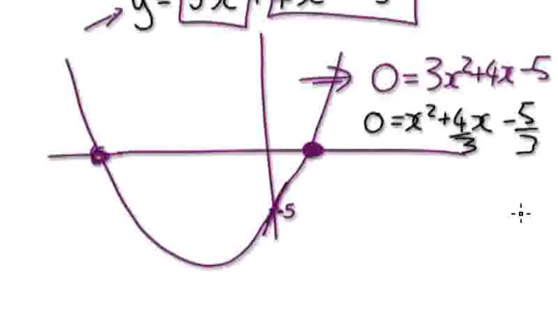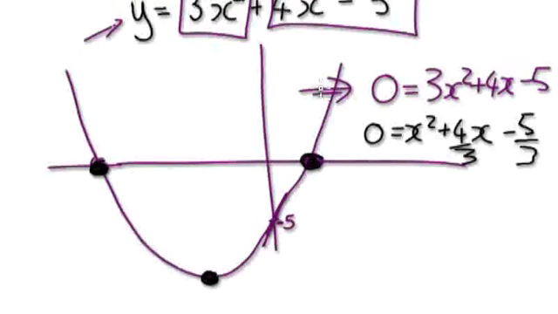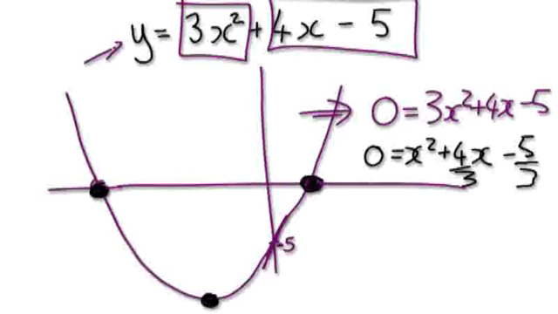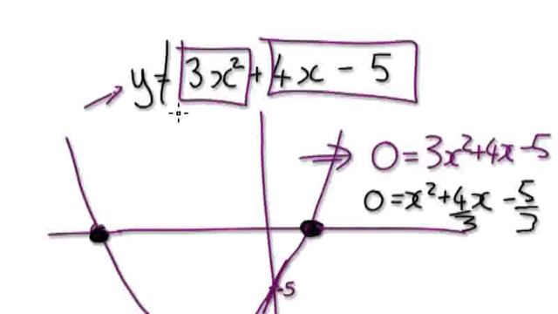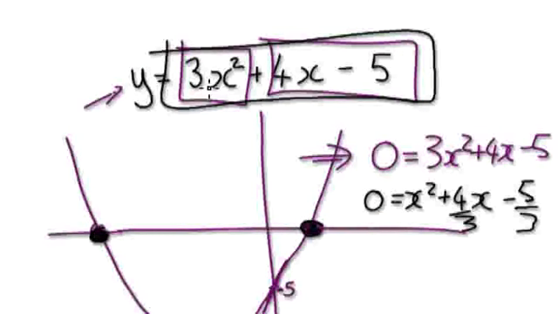But in this video, I'm not going to show you how you can find out these 2 points. I'm interested in showing you how to find this point here. But it's pretty much the same method. So this is what we started with.